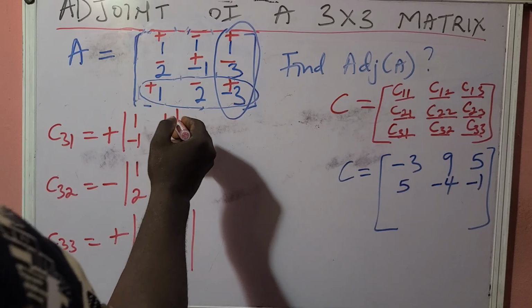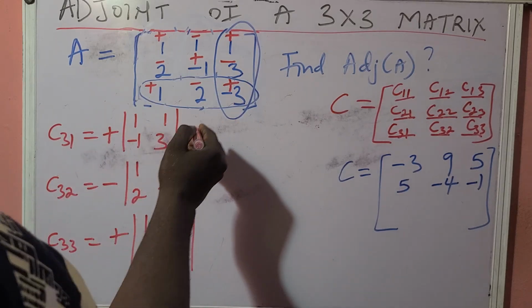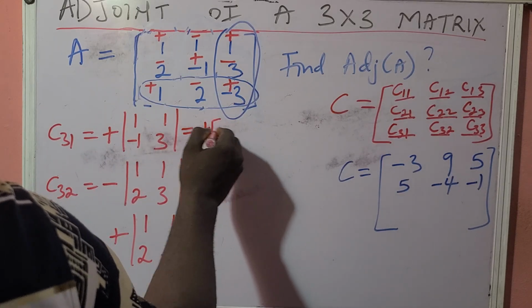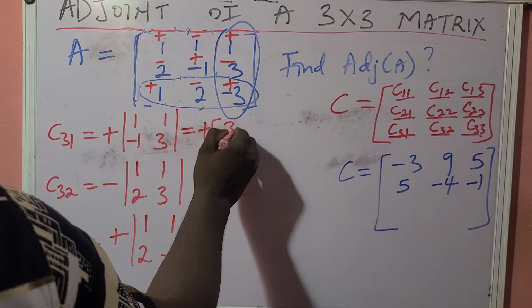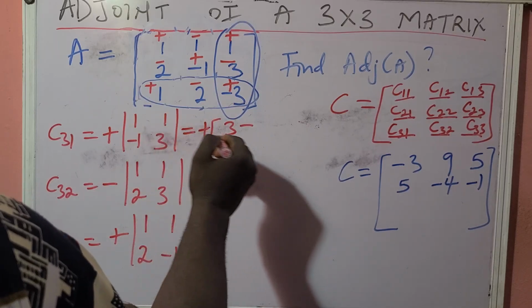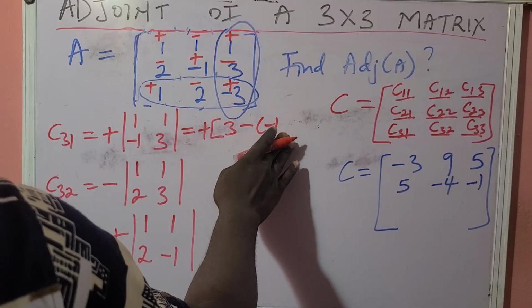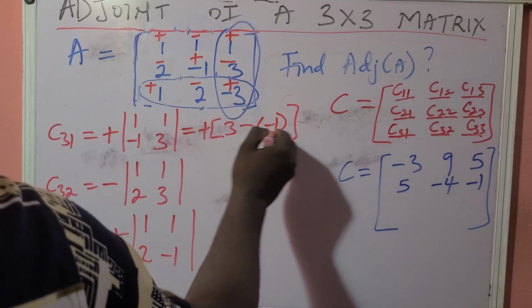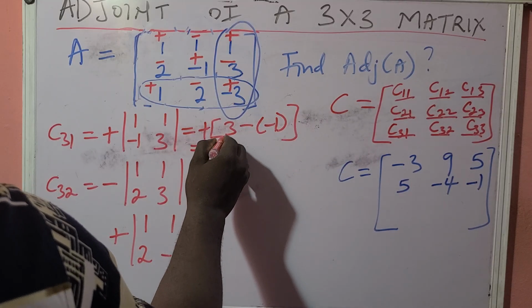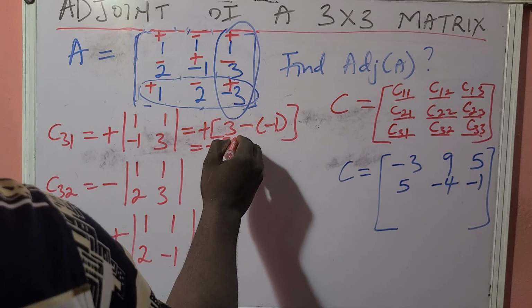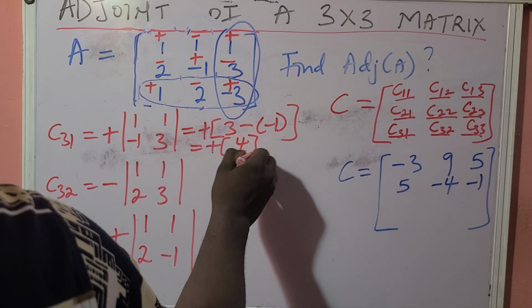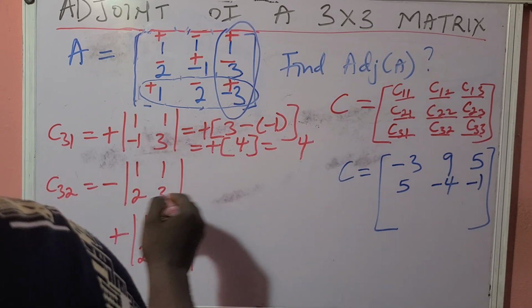All right, so what we then go on to do is to resolve this. This will be plus 1 times 3, that will be 3, minus 1 times 1, that's minus 1. That will be minus 1. So this will be plus 3 plus 1. That will be 4. So our answer will be 4.